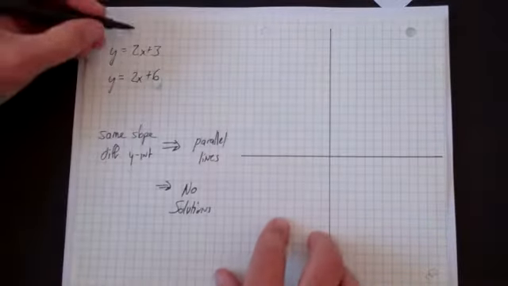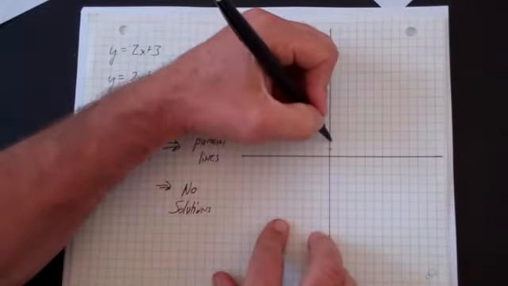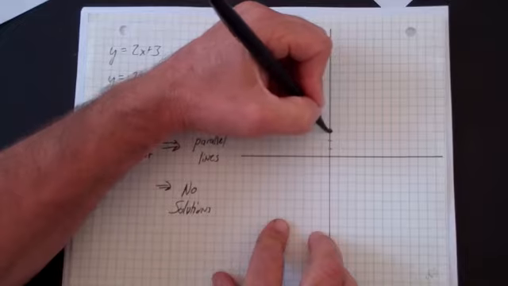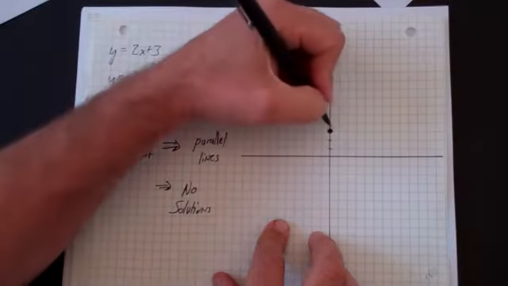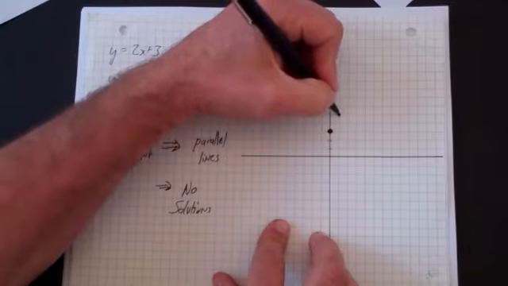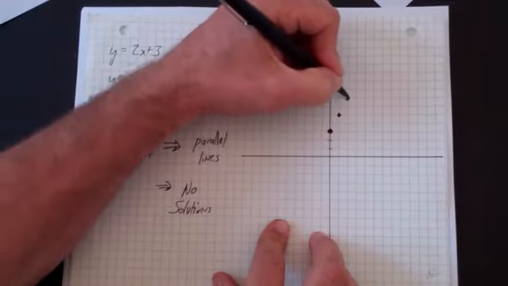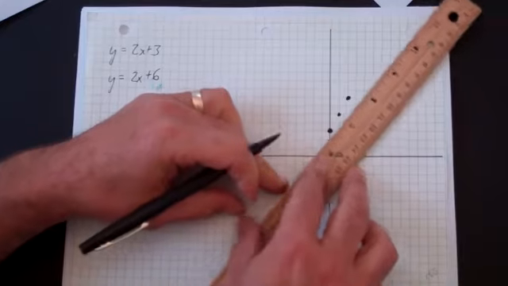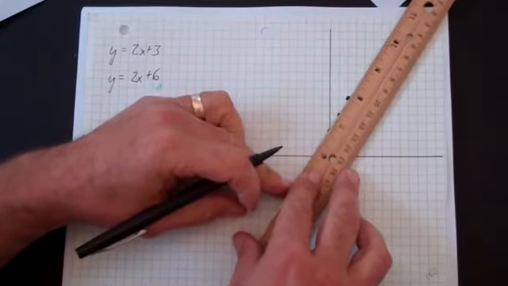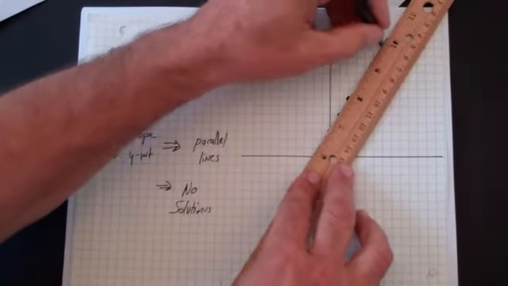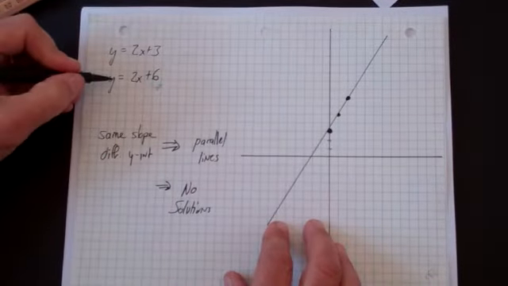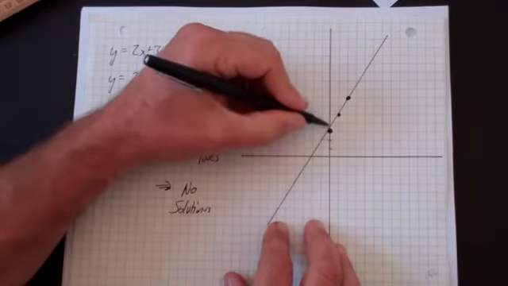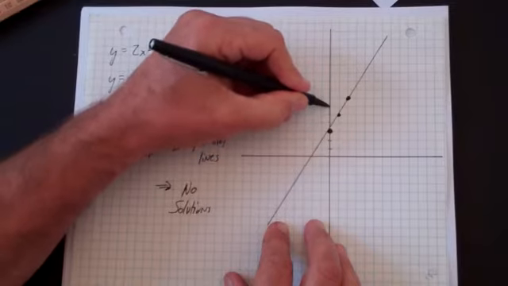So here we have 2x plus 3, so the y-intercept is 3, and the slope is up 2 and over 1. Up 2 and over 1. Let's draw this in. And then the next one has a y-intercept of 6. 1, 2, 3, 4, 5, 6.